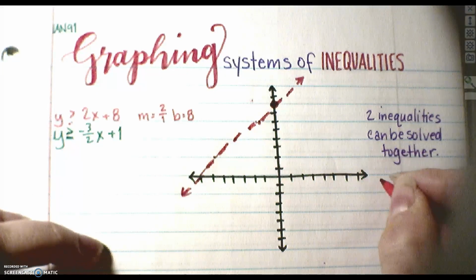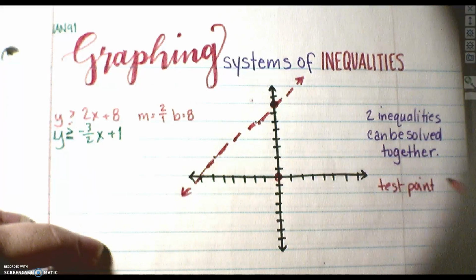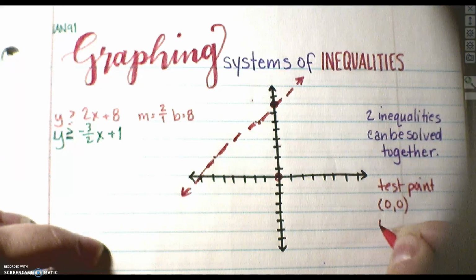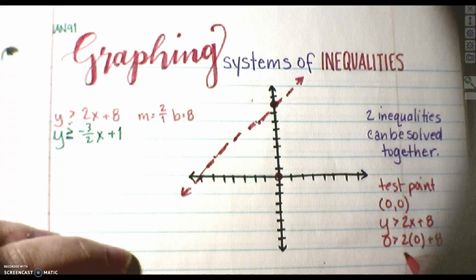So let's make a test point for this one. And let's make our test point 0, 0. So y is greater than 2x plus 8. 0 is greater than 2 times 0 plus 8. Is that true? Let's see, that cancels. 0 is greater than 8.